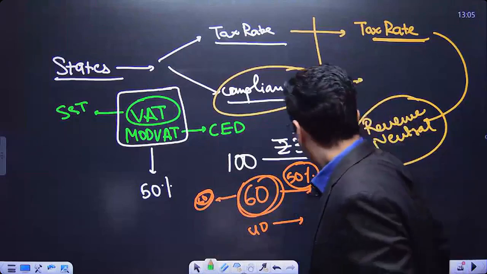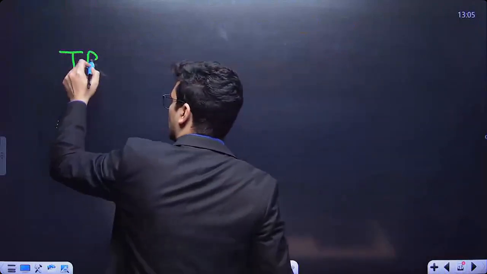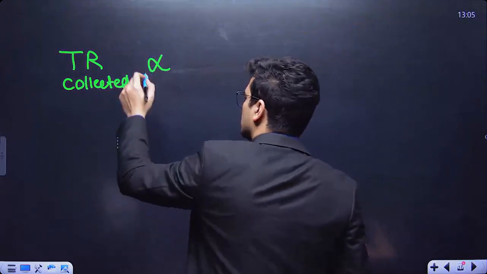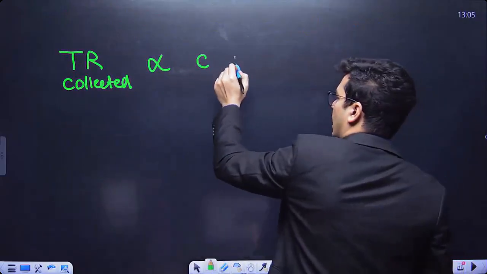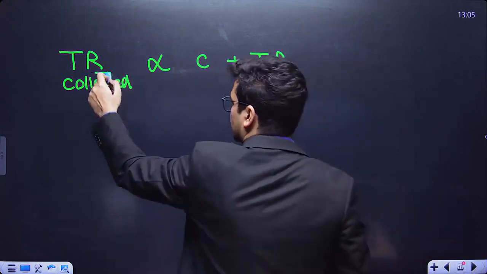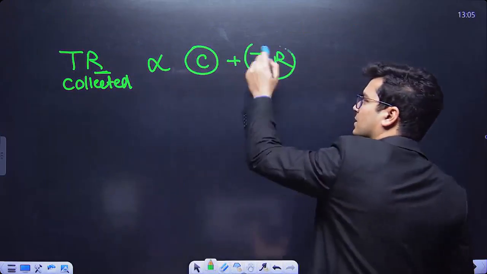So I can say that tax revenue collected is proportional to compliance and tax rate.